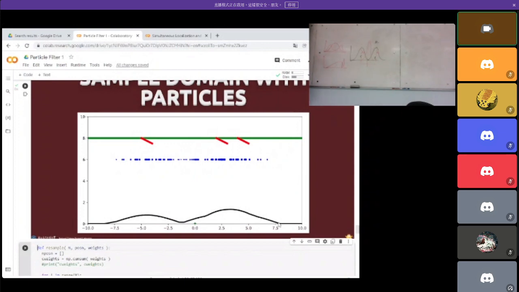Then their probability may decrease. I do another motion command, then I get some more sensor command. So each one of the particles has a weight associated with it, which basically tells its prior distribution, prior probability. Now, what's the problem with that?